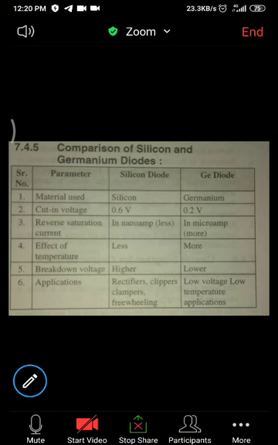So what are the applications? Silicon diodes are generally used in rectifiers, clippers, clampers, freewheeling diodes. Out of that, you are going to study the rectifier in this unit only. For germanium diodes, low voltage, low temperature applications are there. So when there is a requirement of a low voltage application, you use a germanium diode because, as they have given, the breakdown voltage is lower for the germanium diode.